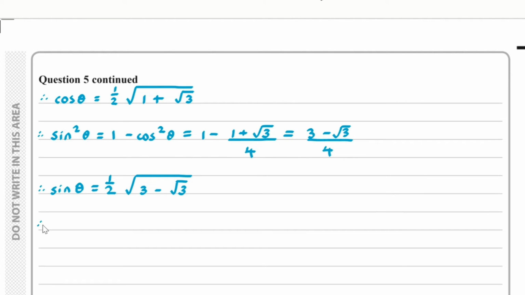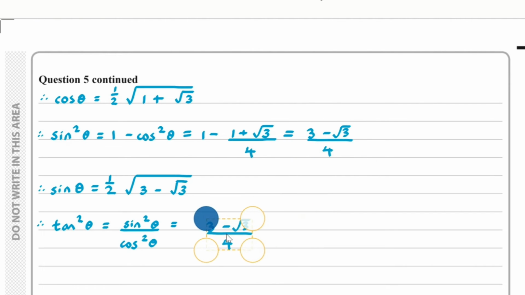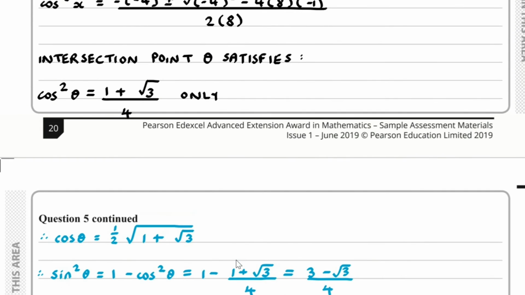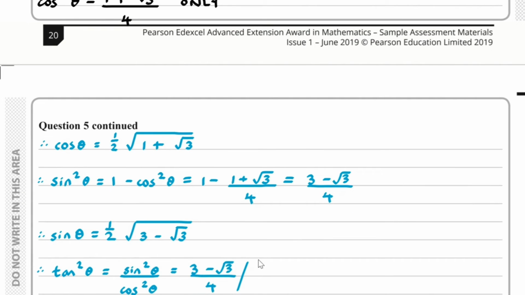What we can also do is find out what tan squared is. That's equal to sine squared divided by cos squared. So I've got sine squared, which is this result here, divided by cos squared, which is 1 plus root 3 over 4.